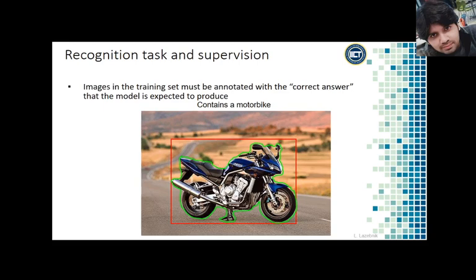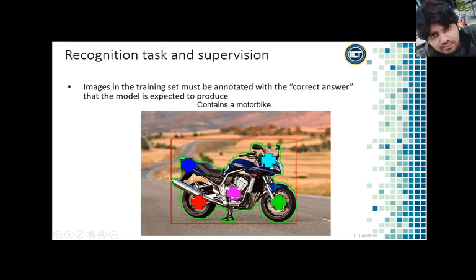You can also consider different parts of this particular object, extract them as features, and label them separately. So you can label that this is the front part, these are the tires, the front tire, the back tire, this is the back seat, and this is the engine or something.